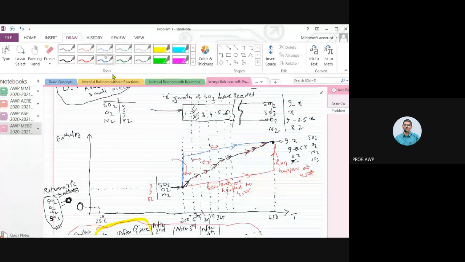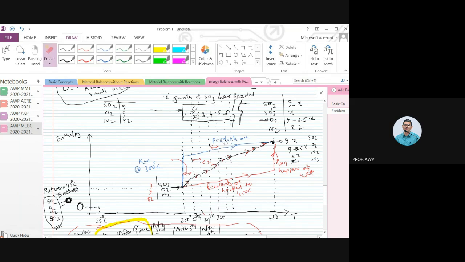In this blue path, the reaction is happening at 300 degrees centigrade and all the products, meaning all the gases, are getting heated to 450 degrees centigrade. Right?